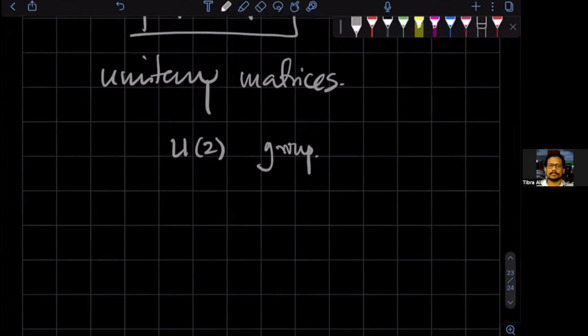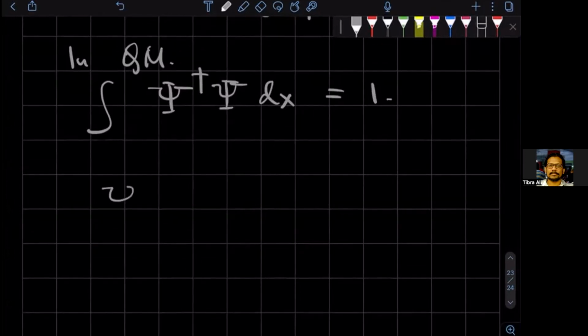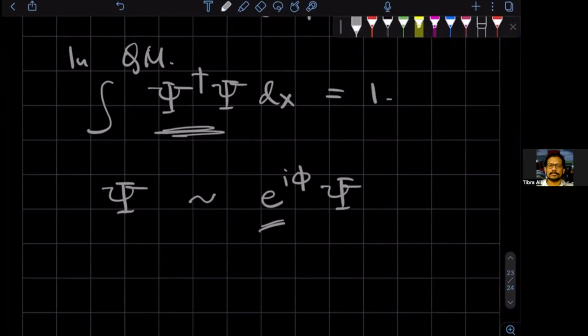But in quantum mechanics, suppose you have a wave function which is normalized, which means that if you integrate over all space, it'll give you 1. Even then, the wave function is not completely specified. A normalized wave function can be multiplied by a constant phase, and this phase does not change its normalization, because it drops out.